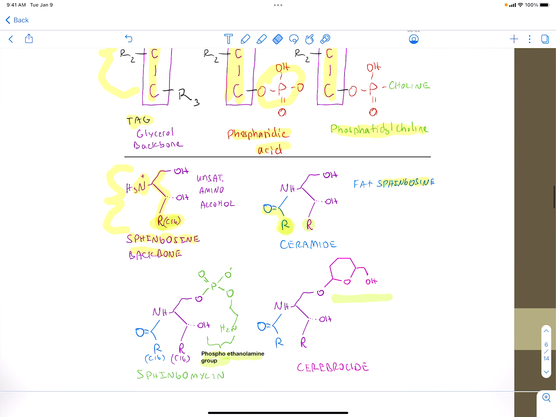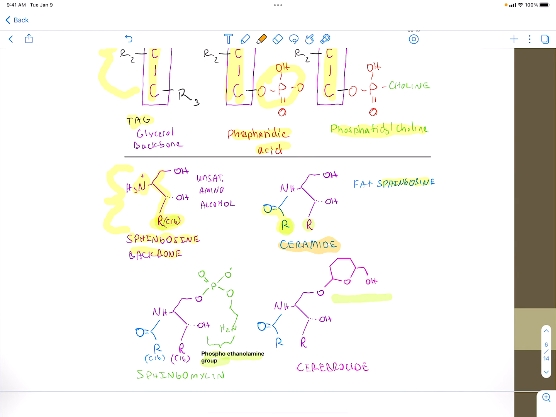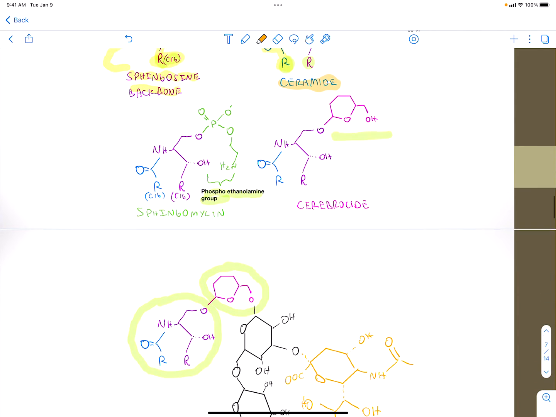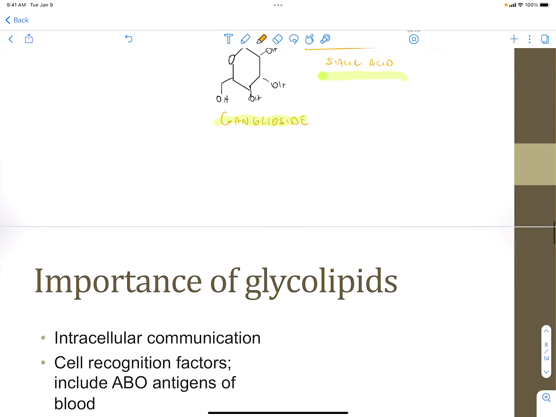You're starting with your ceramide backbone, because your ceramide backbone is going to get glycosylated. In a cerebroside, you glycosylate your ceramide backbone. In your ganglioside, you're adding even more sugars to your ceramide backbone. Okay, so that's what those terms mean.